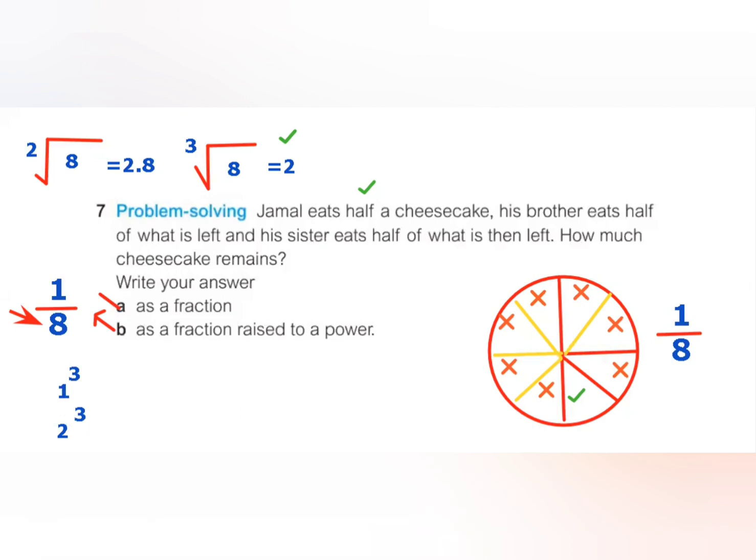And then I'm going to write it as a fraction like this. Then I'm going to take the power, which is the 3, outside of the bracket. So I'm going to draw a bracket like this. And then I'm going to put the power, which is 3, here. And then I'm going to put what I left here, which is 1 and 2. So it's going to be 1 over 2, like this.